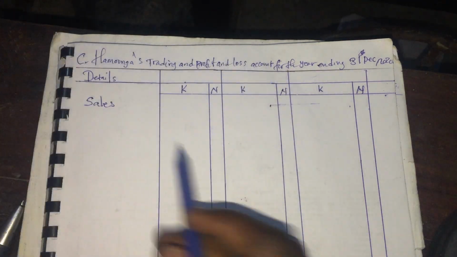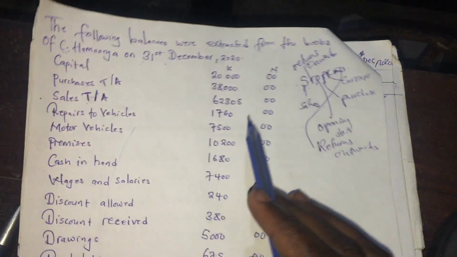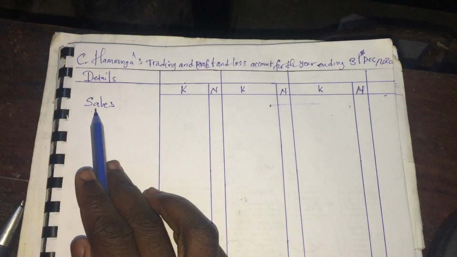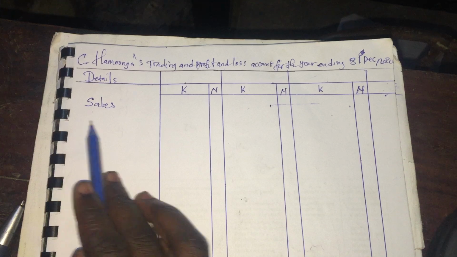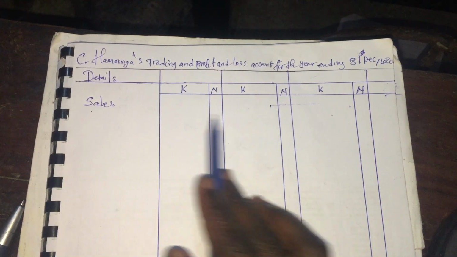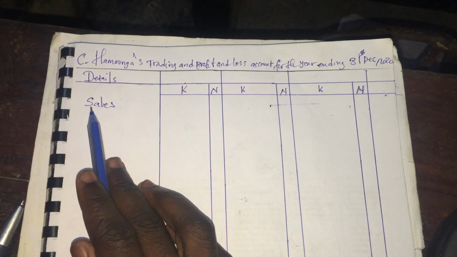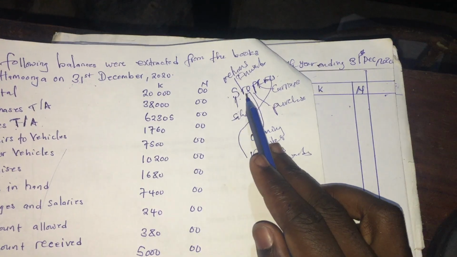This simply means that the amount for sales should go in the last box. If we had returns inwards, the amount for sales would be placed here, and also the amount of returns inwards should be placed here, then we subtract. I'll repeat. Sales, we do have sales. After sales we have returns inwards.